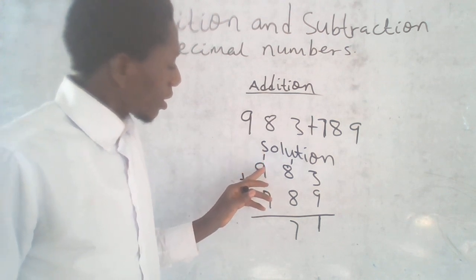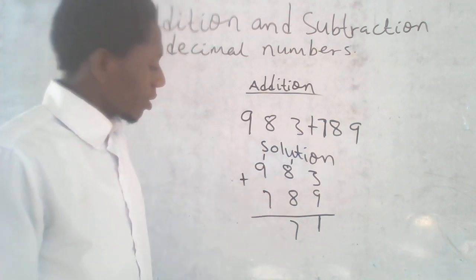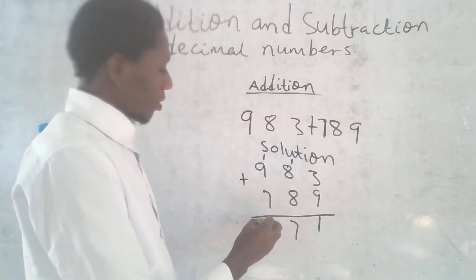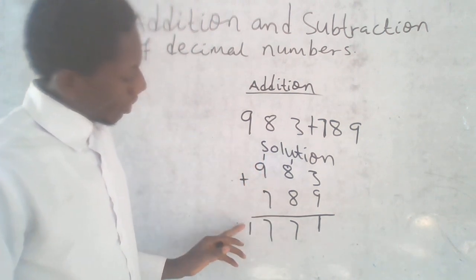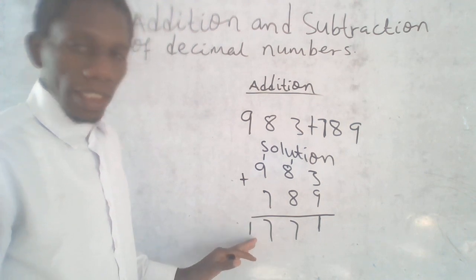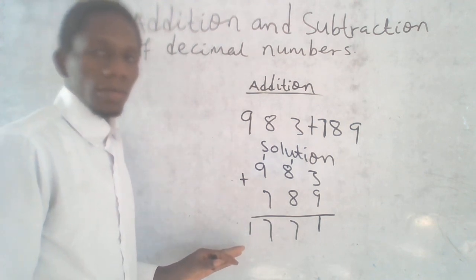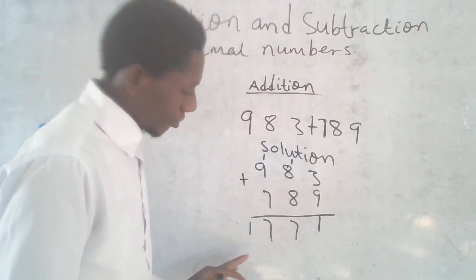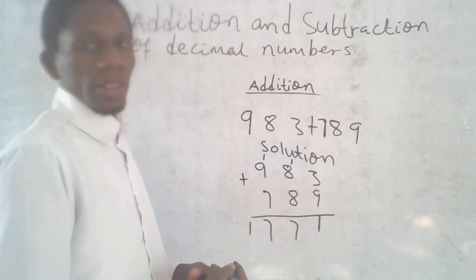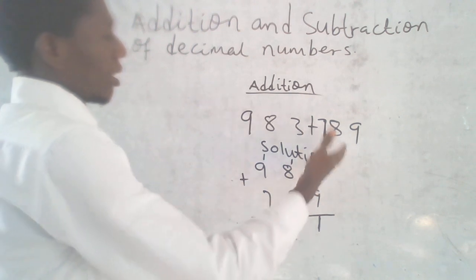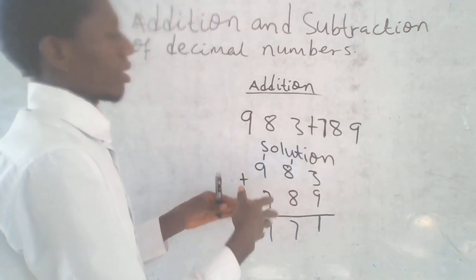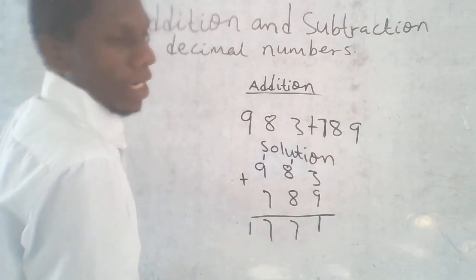So 1 plus 9 is 10, and 10 plus 7 is also 17. Because there is no other number to add, you have to write it down. Okay, so this becomes your answer. Alright, so this is how you can add numbers that involve carrying.